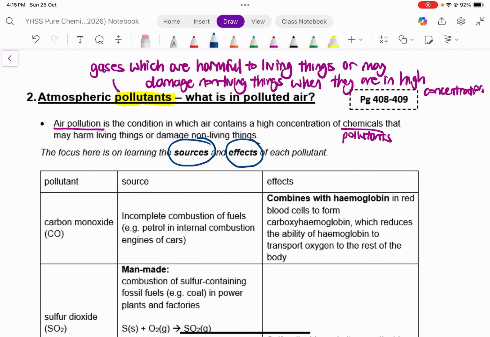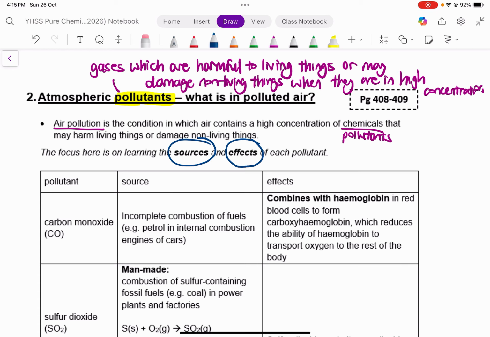What does each pollutant do to human health? To the environment? So you need to learn the sources and effect of each pollutant well. And you may not be able to use your own words. You may not be able to deduce it on the spot without having learned it. So this table on page 5 has to be learned in great detail.